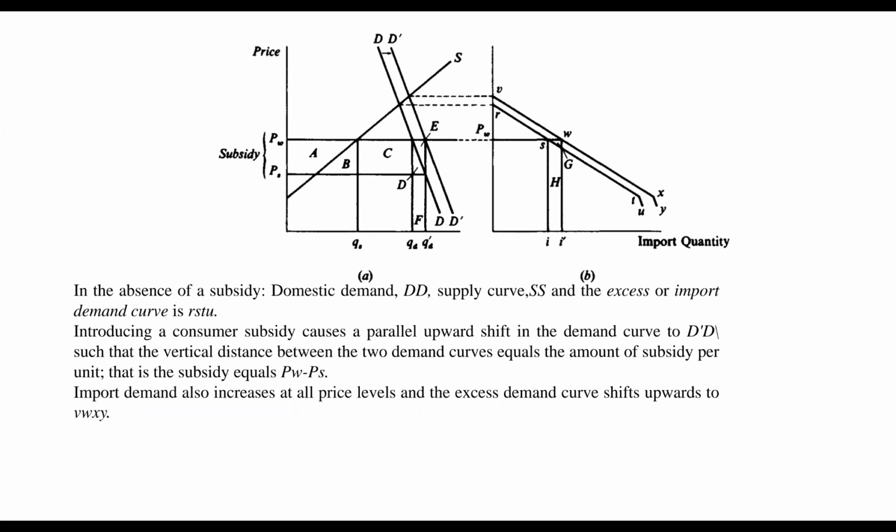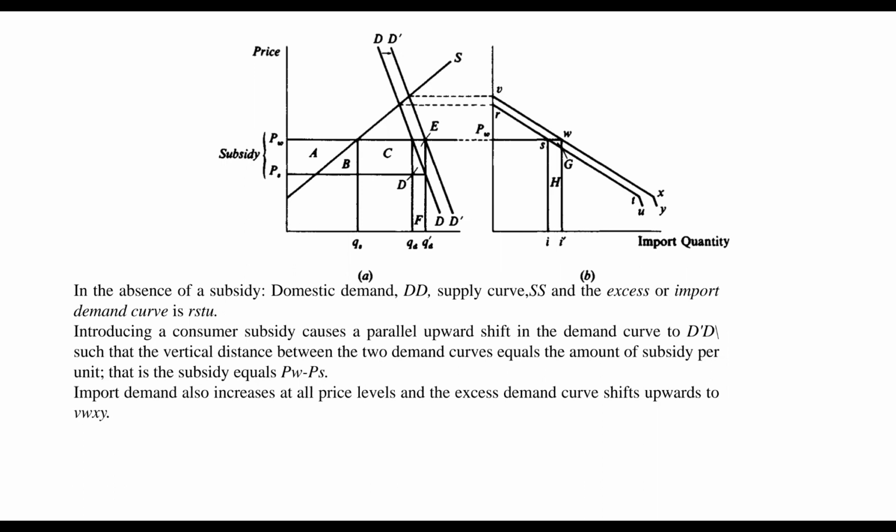Introducing a consumer subsidy causes a parallel upward shift in the demand curve to D prime D, such that the vertical distance between the two demand curves equals the amount of the subsidy per unit.